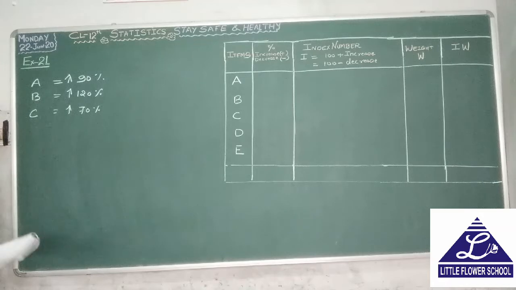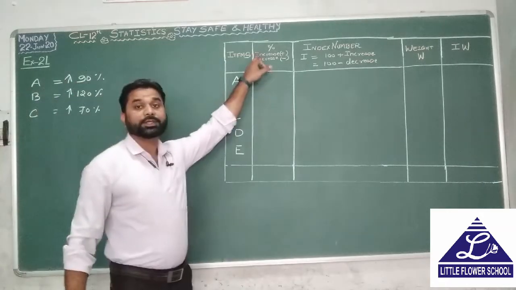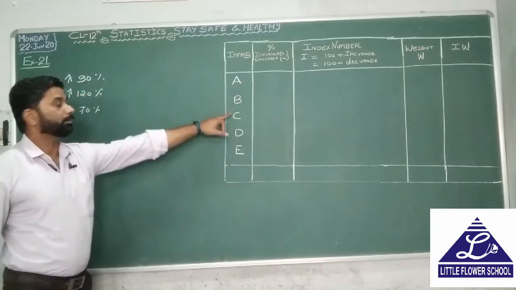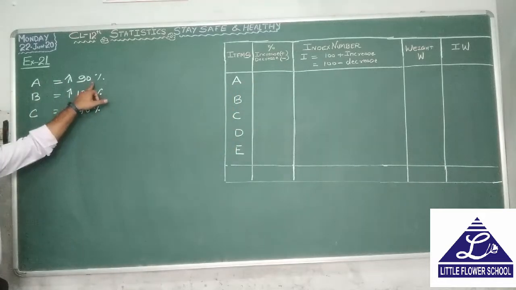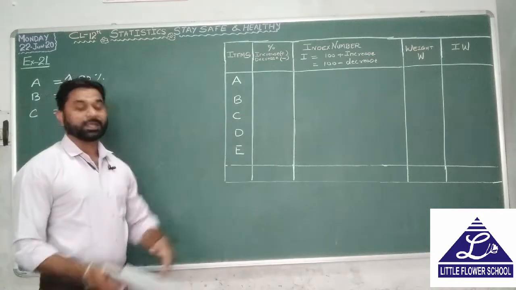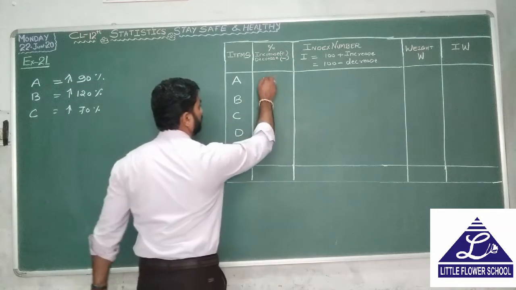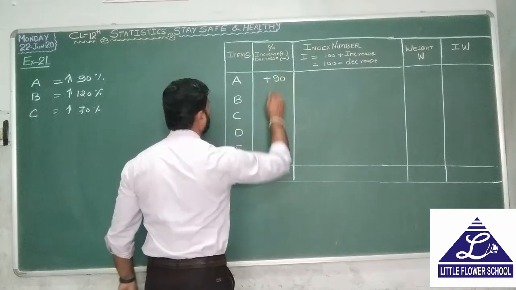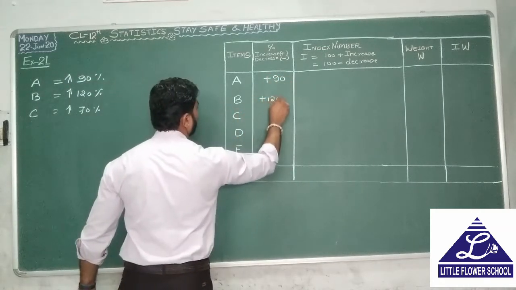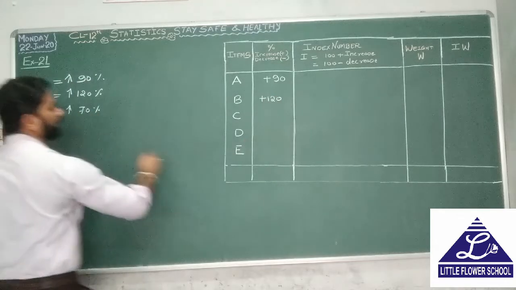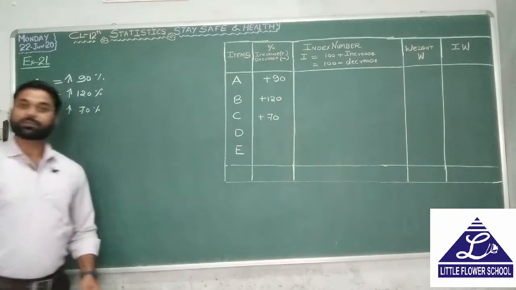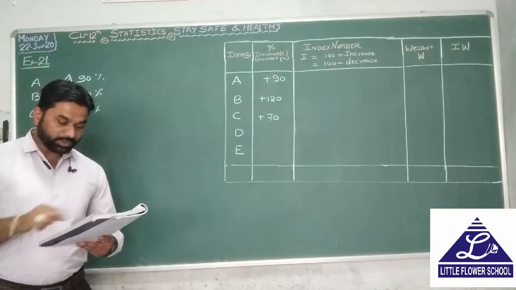So the increase percentages of A, B and C which I have written are 90, 120 and 70. Here it has plus 90, then plus 120 and plus 70.